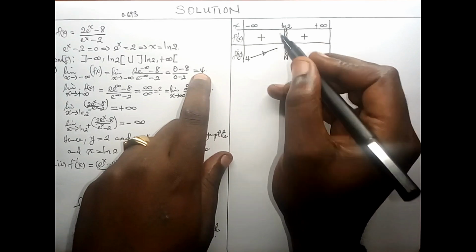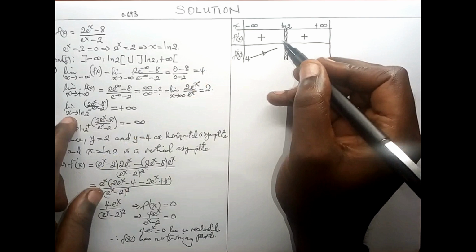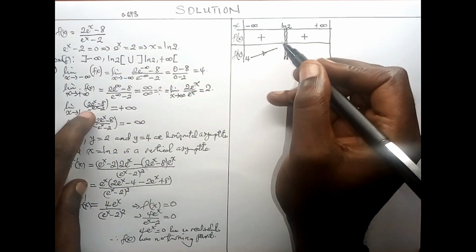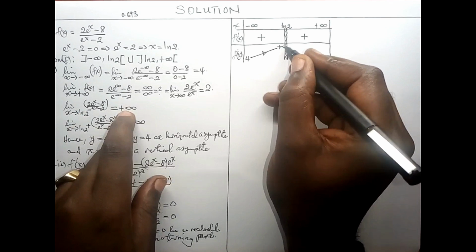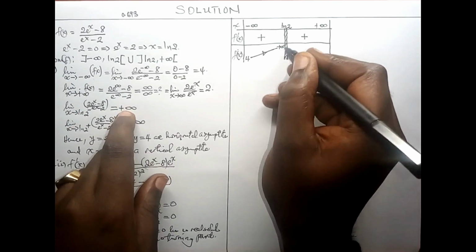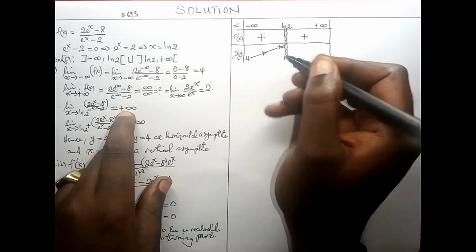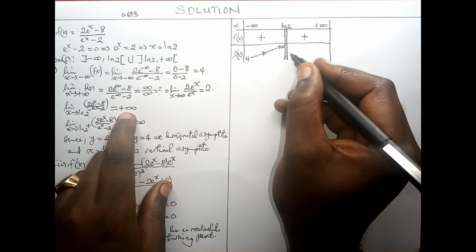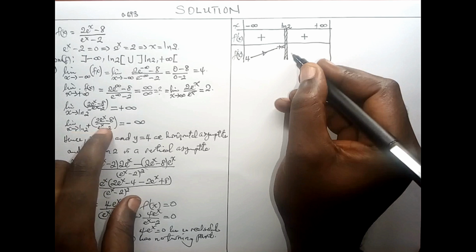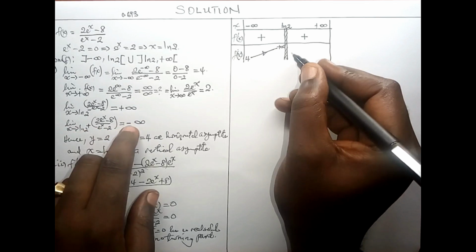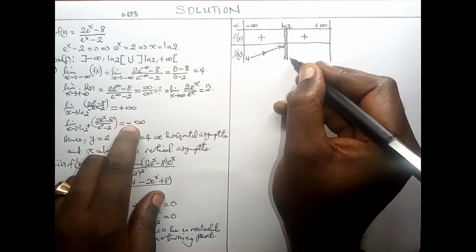So we write it beside the vertical asymptote. To the right of the vertical asymptote, we had that the curve approaches negative infinity. And so there is negative infinity, and it would be increasing again as indicated by the sign of the gradient.